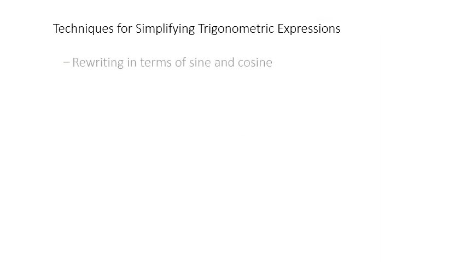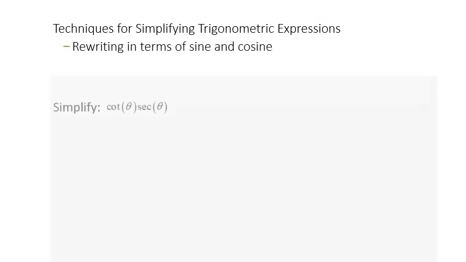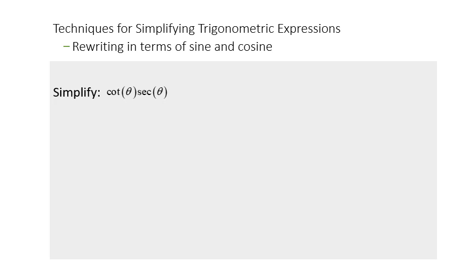All right. Rewriting things in terms of sine and cosine. Sometimes you end up getting something like this, and it's hard to see how things will cancel out. So I always tell students the best thing to do is take anything that's not a sine or cosine and rewrite it, because we can write every single function in terms of sine and cosine.